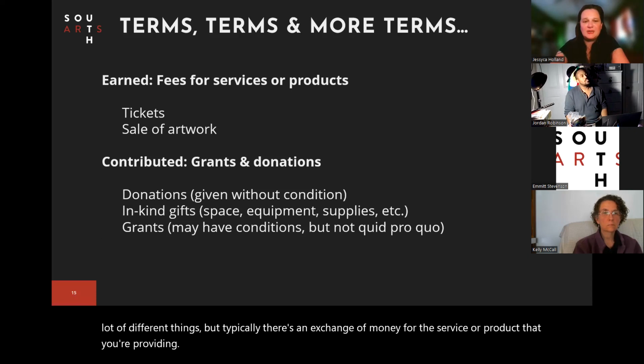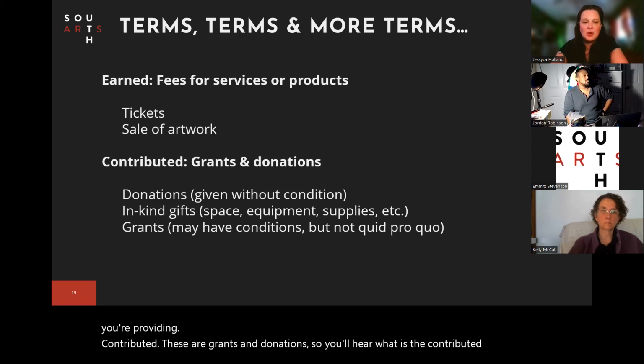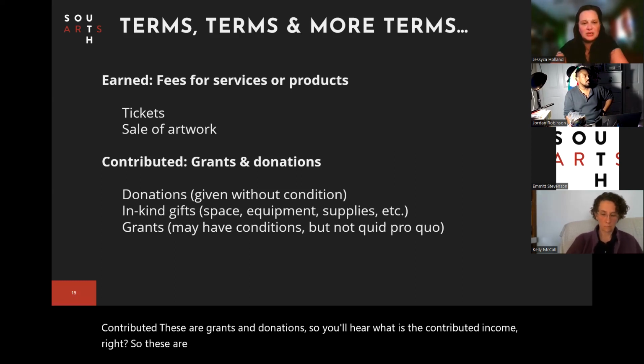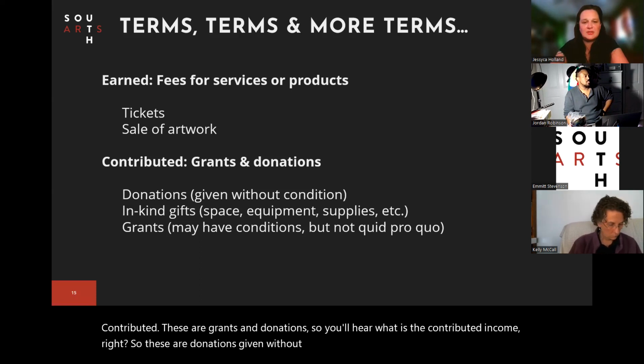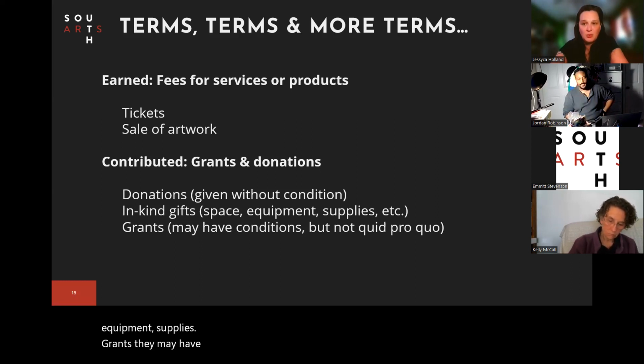Contributed. These are grants and donations. So you'll hear, well, what is the contributed income, right? So these are donations given without condition, in-kind gifts. So this may be space, equipment, supplies, grants. They may have conditions, but they're not quid pro quo.